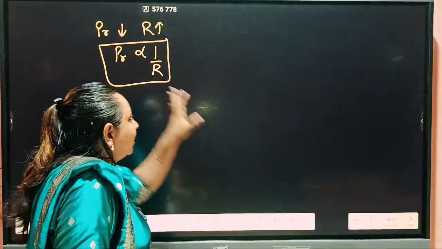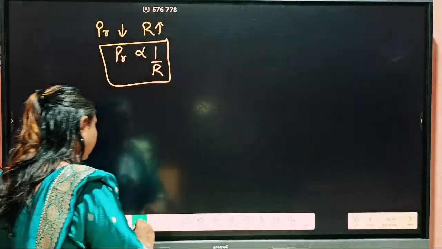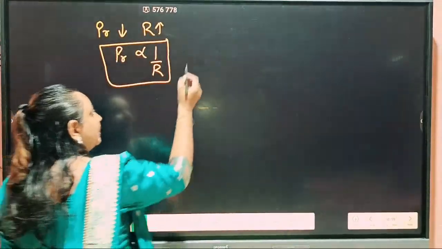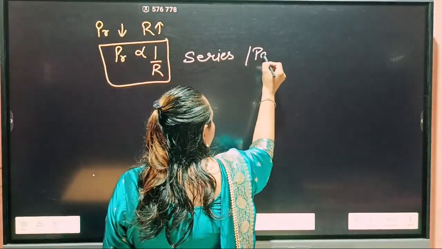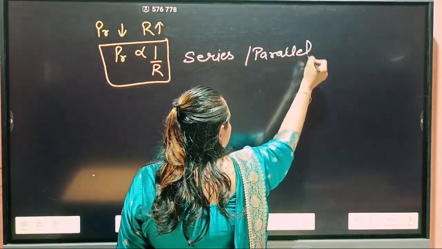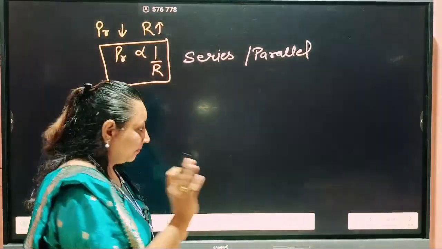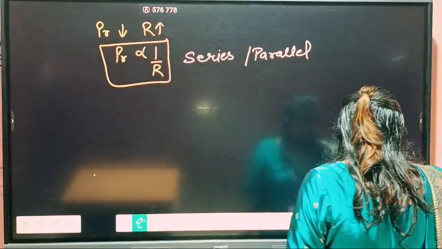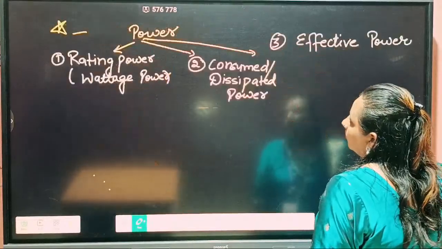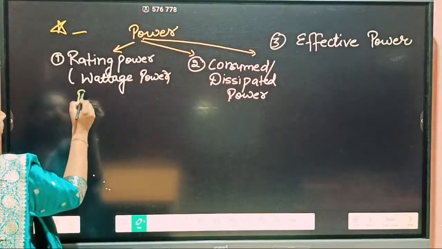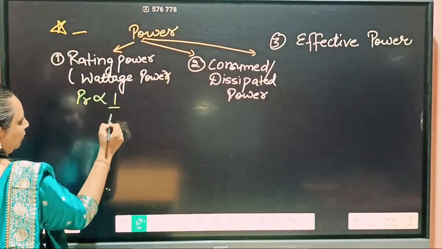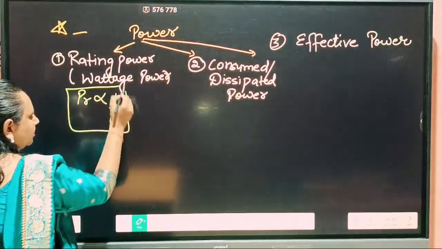Understand this now? So rated power is inversely proportional to the resistance, whether the appliances are connected in series combination or in parallel combination. So it will be same for both. So here in the table, what we can write is that rated power is inversely proportional to the resistance.